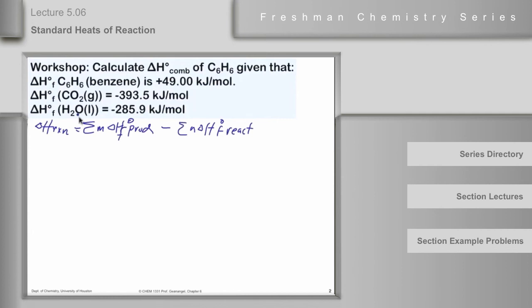Now, in order to know what the products and reactants are, of course, we're going to have a balanced chemical equation. And we're going to have to know what combustion is and what the products are.